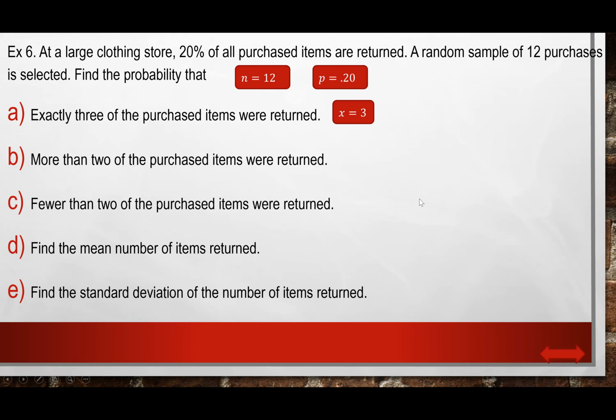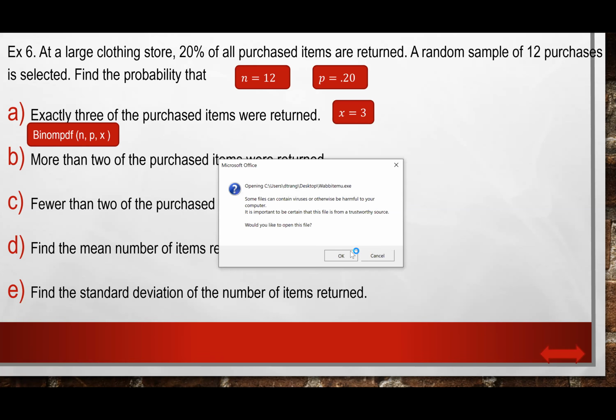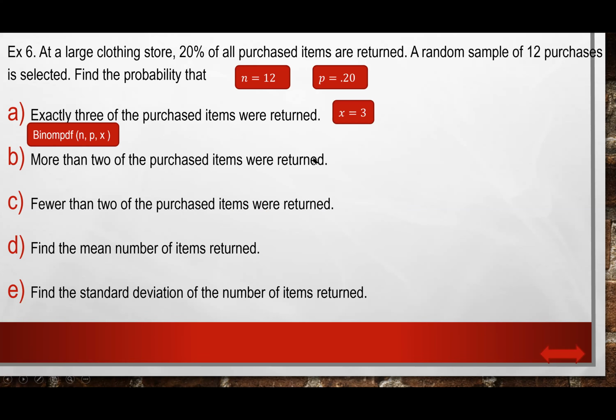Give me 1 second. It is the NPX, not the XNP, sorry. This is the NPX, so you need to put in the total first, and then you need to put in the P and the X.